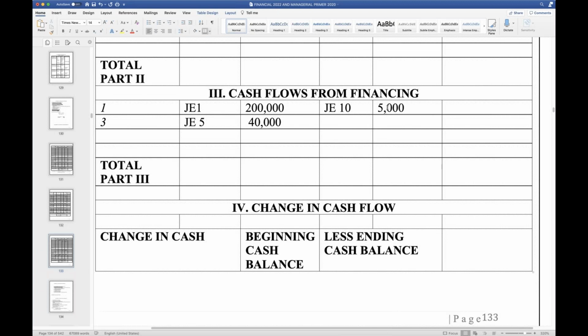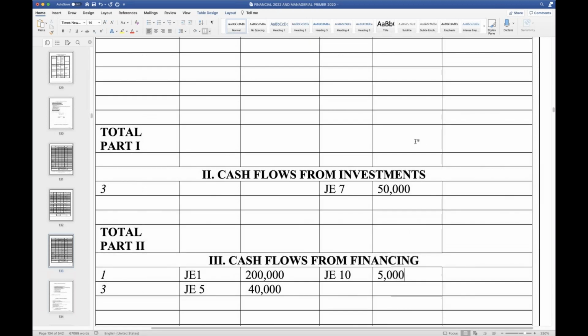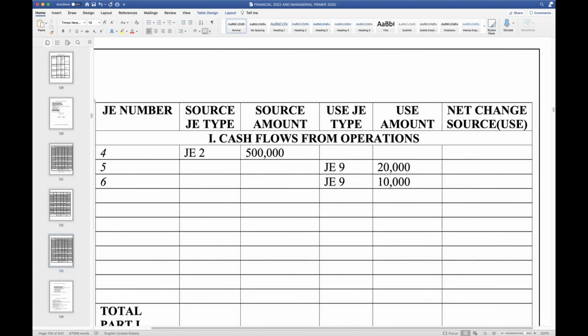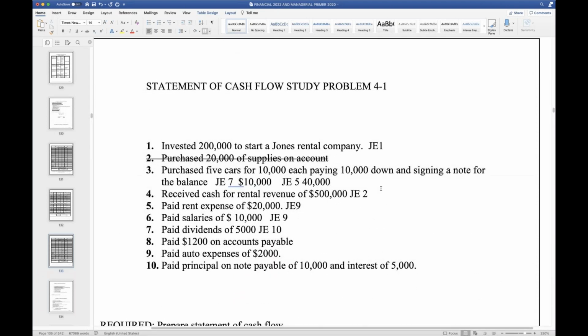So it's important for you to know that the owner put in 200,000 and got 5,000 back. Because if you put your money in, how much are you going to get back? And it's not an expense. They have to have income to do that. Okay, we're up to number 8.